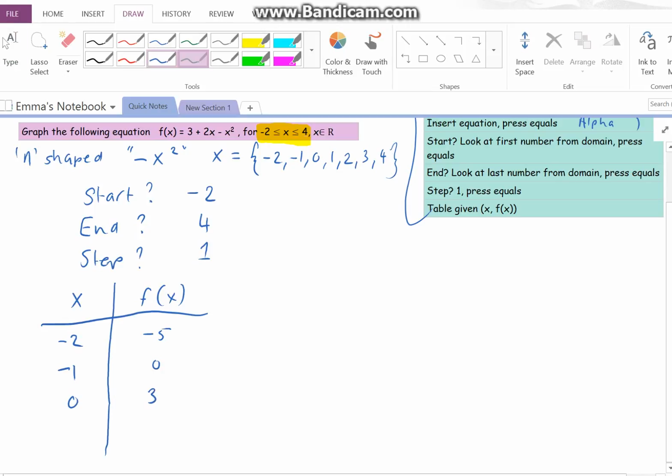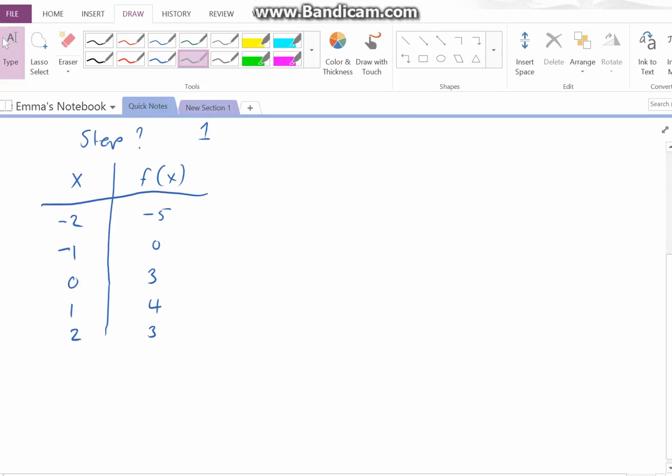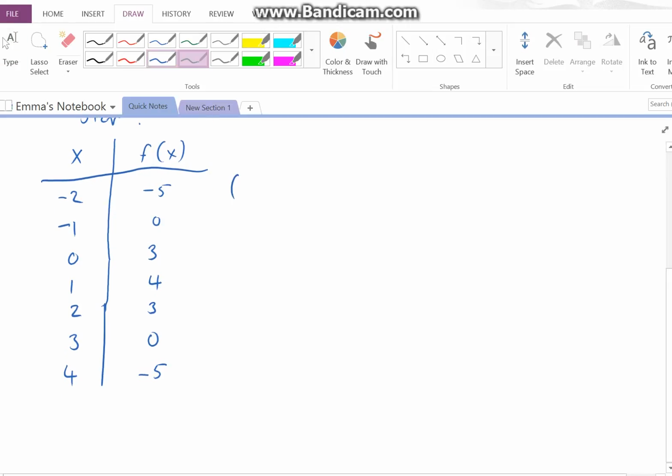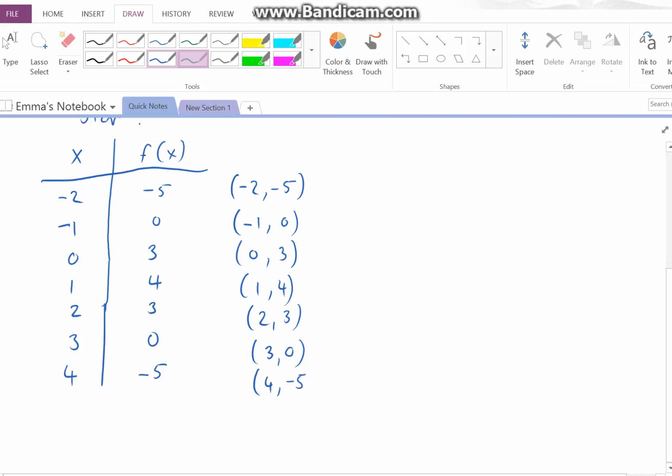You have to press down to get the rest of them. 1, 4, 2, 3, 3, 0, and 4, minus 5. So there we have our x and our y values, so we can just plot them out: minus 2, minus 5; minus 1, 0; 0, 3; 1, 4; 2, 3; 3, 0; and finally 4, minus 5.